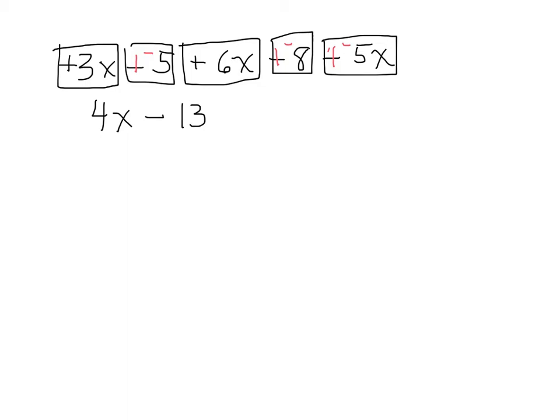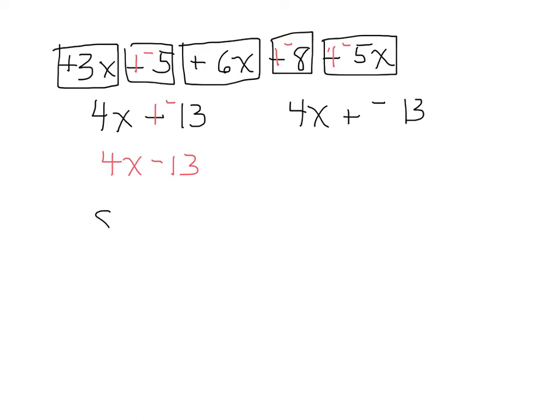You could also call this 4x plus -13, 4x minus 13. And we know that these are equivalent expressions because subtraction is always the same as adding the opposite. Usually, in texts, they will show the answer as 4x minus 13. That's kind of the only thing you really need to get used to.